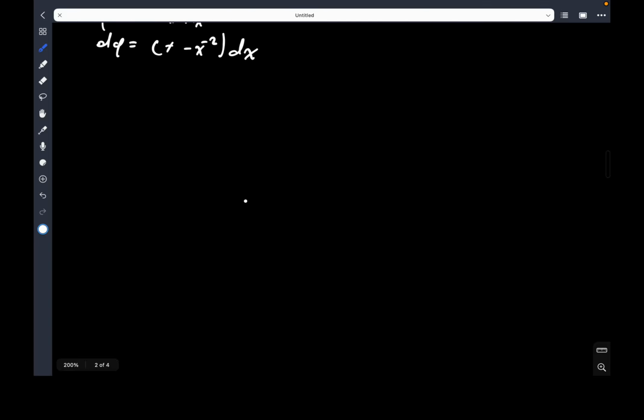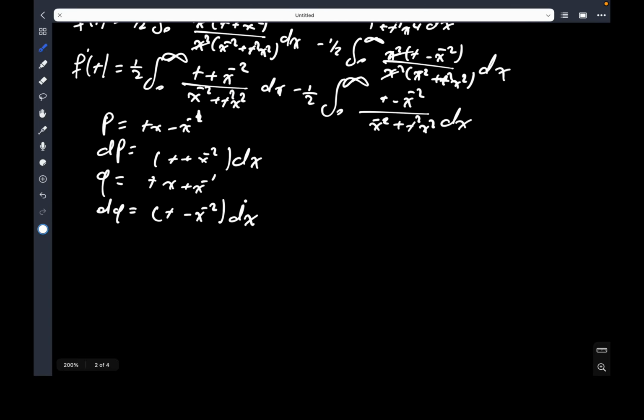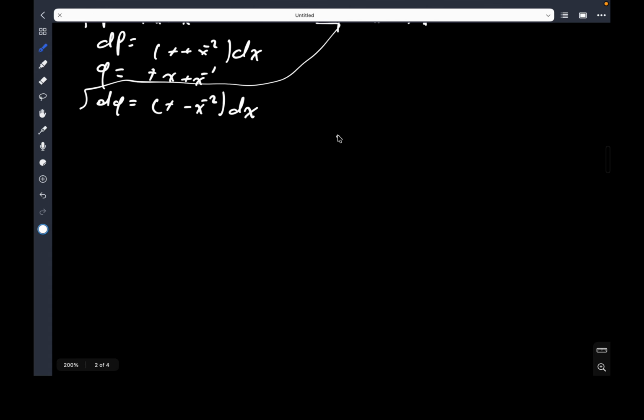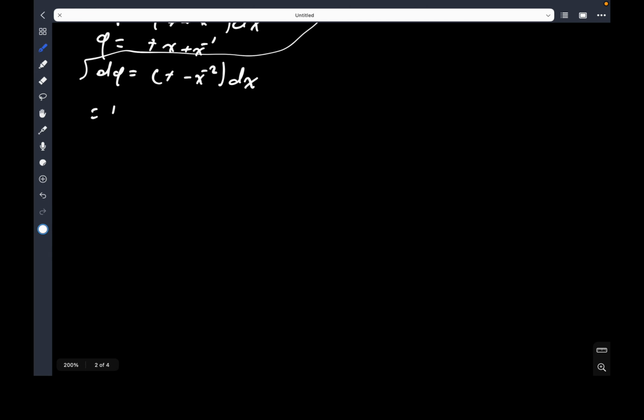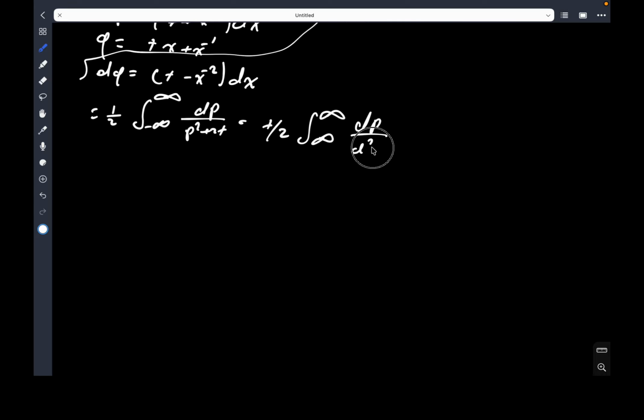So I'm going to write this integral once again. If you plug all these things in here and use quadratic expansion to simplify, you're finally going to be left with half times the integral from negative infinity to infinity of dp over p squared plus 2t, minus half the integral from infinity to infinity of dq over q squared minus 2t.